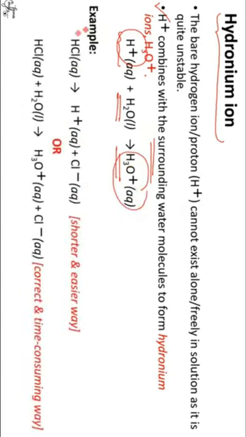So this is how Arrhenius explains acids. HCl gives H+ and Cl-, which is an easier way. The H+ will continue its process and react with the water to form the hydronium ion. So these are the equations about the hydronium ion.